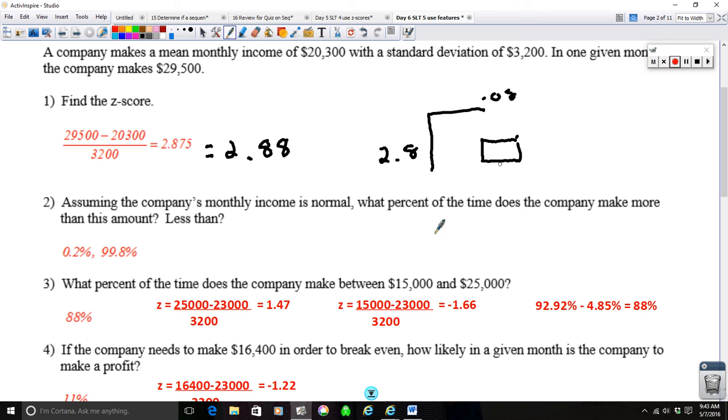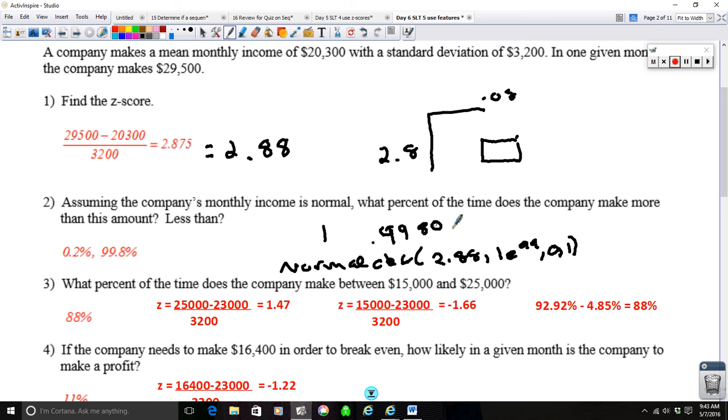Which should be approximately 0.9980. That's for less than, because that chart reads to the left, so it's everything less than that percentage. Or you do normal CDF to make more than this amount, 2.88, 1 E to the 99th power, 0 and 1, so that's min, max, mean, standard deviation, and it should give you 0.9980, and then the complement of that, 1 minus that, is going to give you more than that amount.